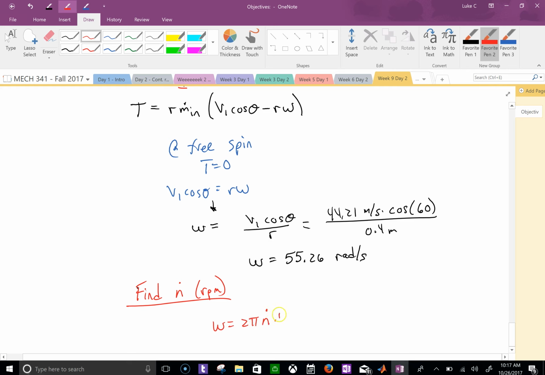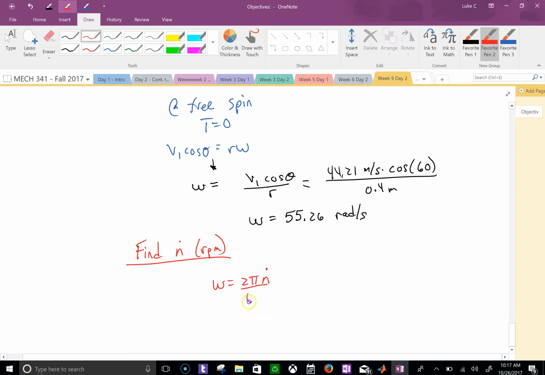No, divide by 60. Sorry. So n dot equals omega times 60 over 2 pi. And you end up getting 528 revolutions per minute. 528 revolutions in a minute. Is that 60 seconds? Yes, that's the conversion to minutes.